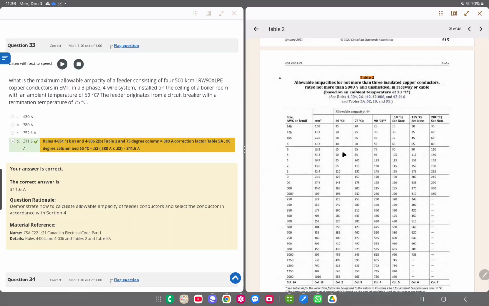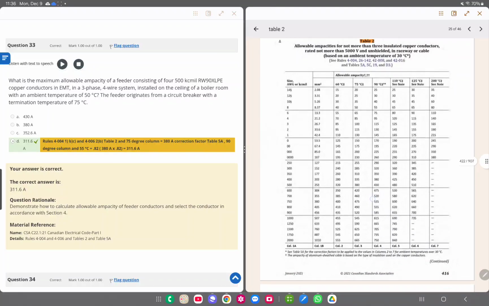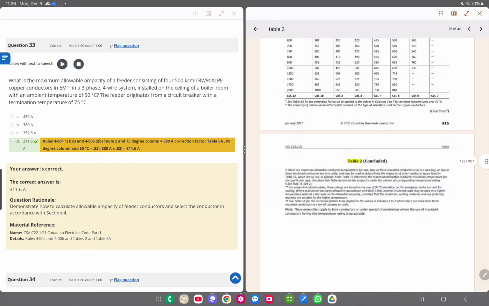All right, here we are. We got a circuit breaker involved, so 75 degrees column. We got 500 kcmil has 380 amps on it.